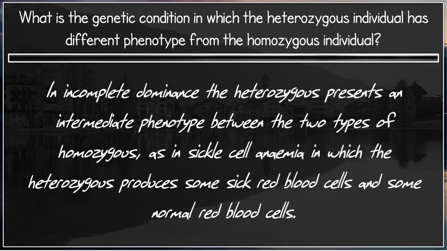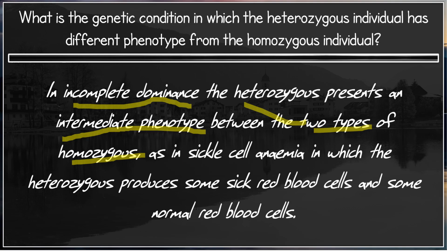In incomplete dominance, the heterozygous presents an intermediate type between the two types of homozygous, as in sickle cell anemia, in which the heterozygous produces some sickle red blood cells and some normal red blood cells.